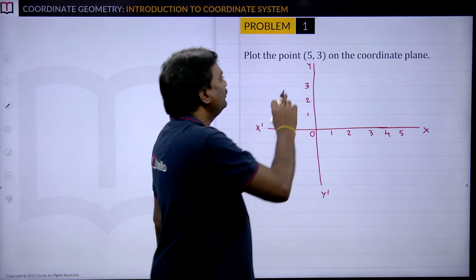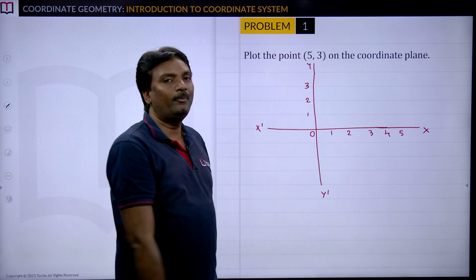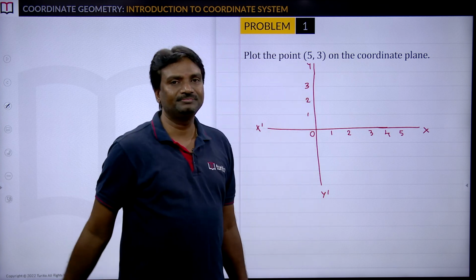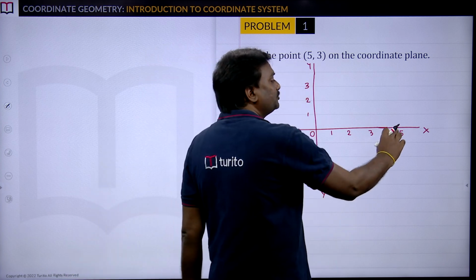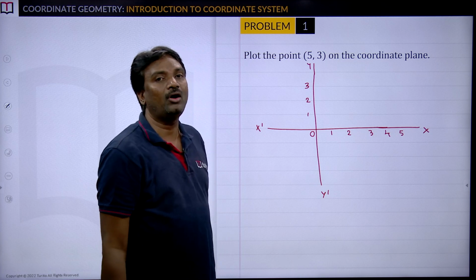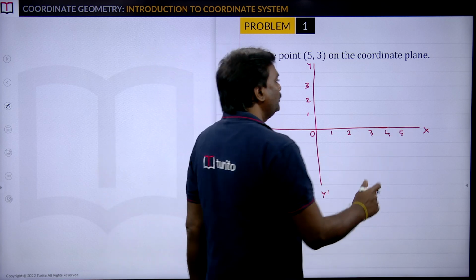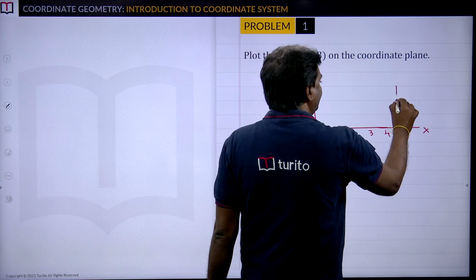Now we have to take the point P (5, 3). The x coordinate is 5, so we take 5 on the x-axis. From there you can take one perpendicular line.